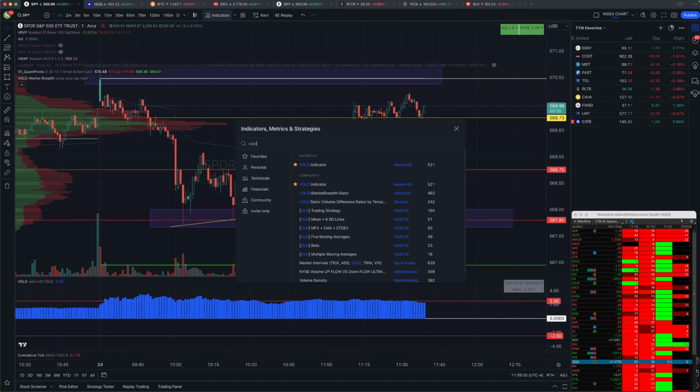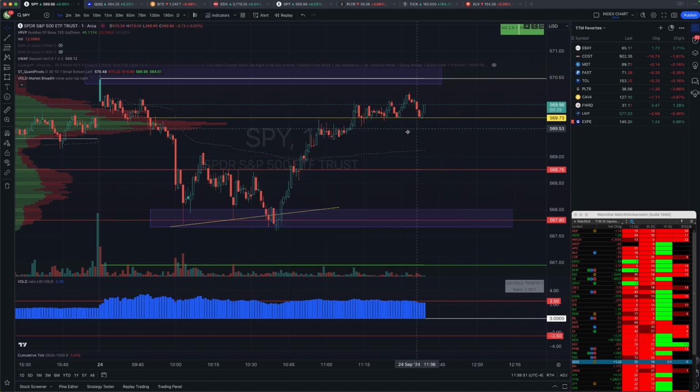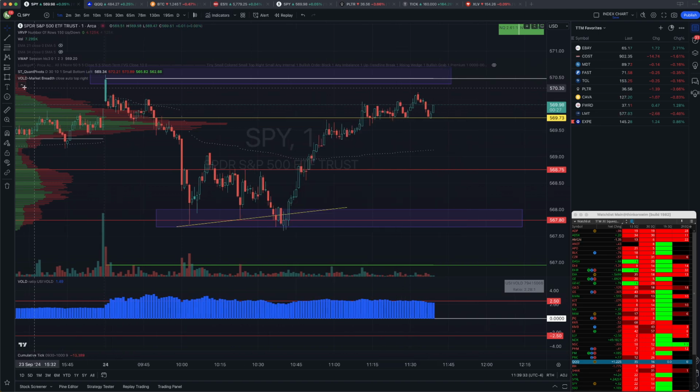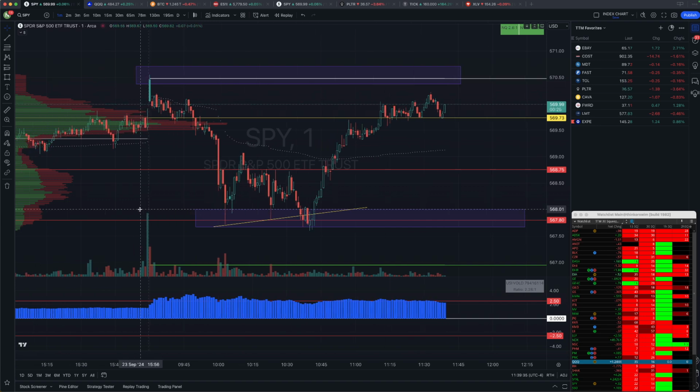You might want to try $VOLD in Thinkorswim. It's an indicator that you'll be able to find in any platform. I have not played with it on Toss, so I'll probably do that next, so that anybody that wants to use the VOLD as another internal can.